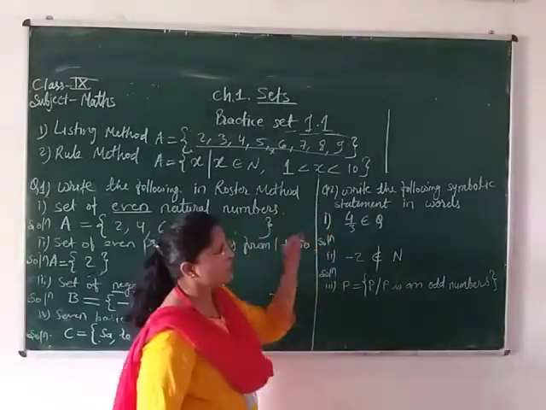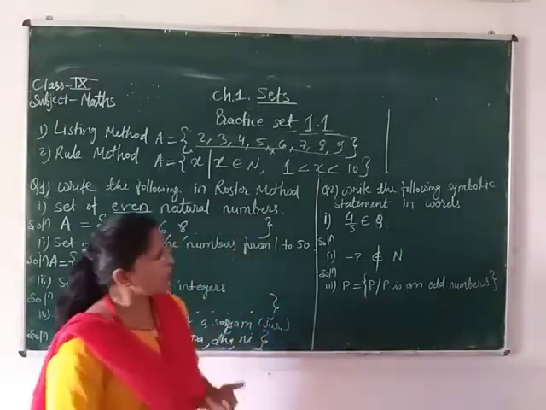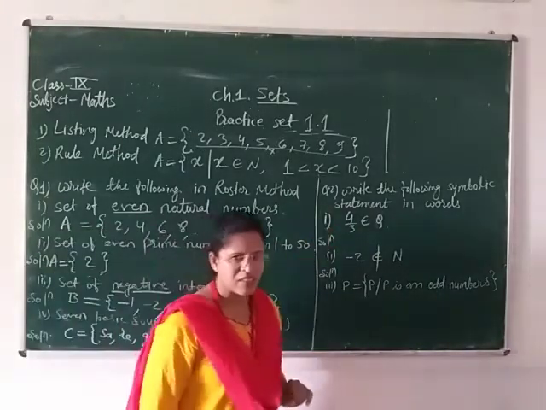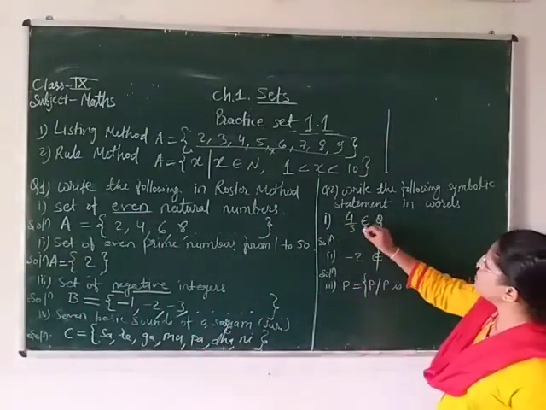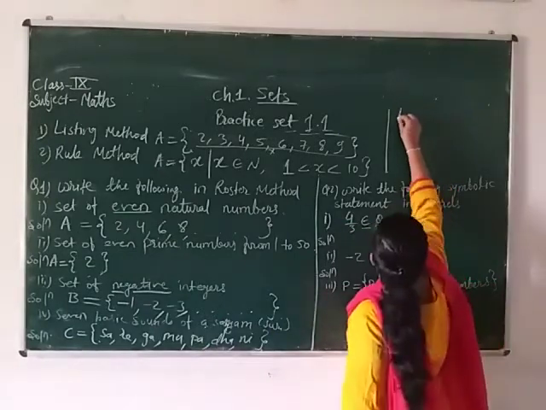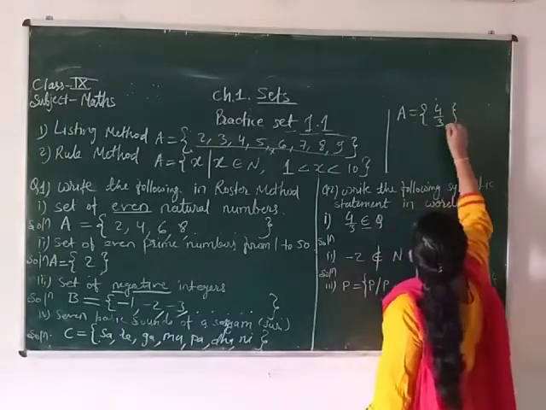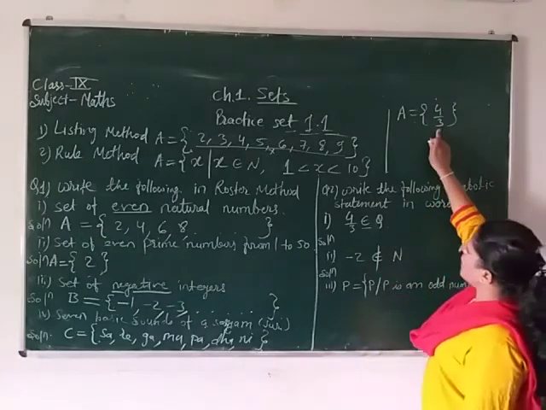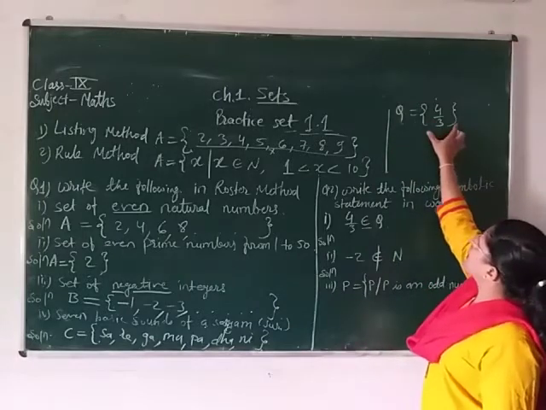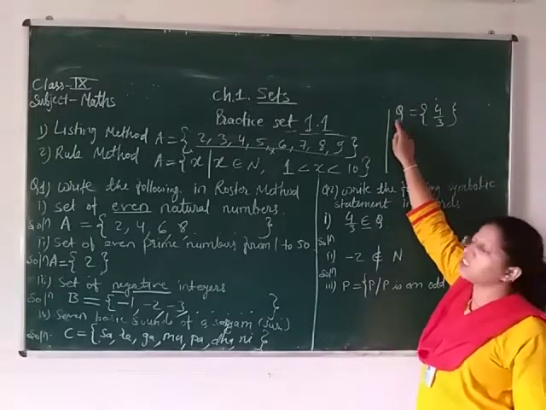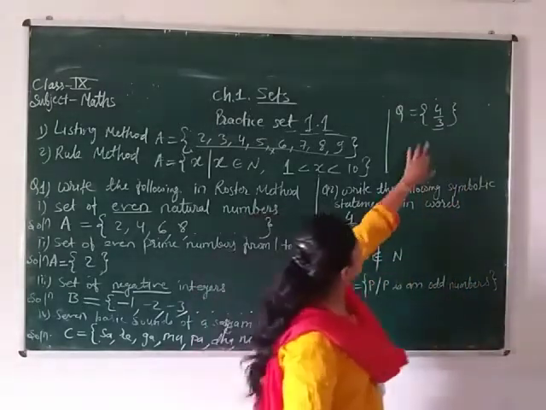Again, question number 2: write the following symbolic statements in words. Here we have symbols. First we have to learn what this means: 4/3 belongs to Q. What does belongs to mean? It is like A equals some 4/3 in the listing method: 4/3 in curly brackets, and we give the name Q. Q is a set, so 4/3 is an element of this set.